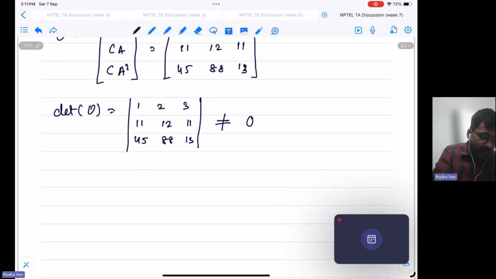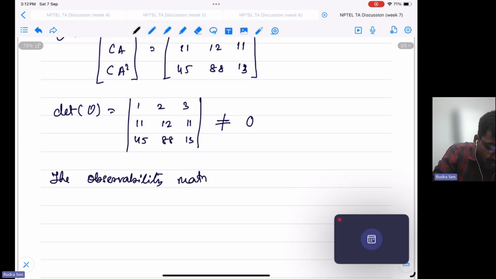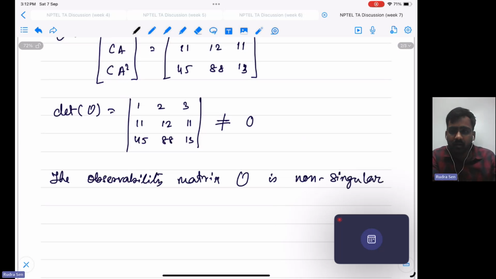So since the determinant is non-zero, that means the observability matrix O is non-singular. Non-singular means whose determinant is not zero.